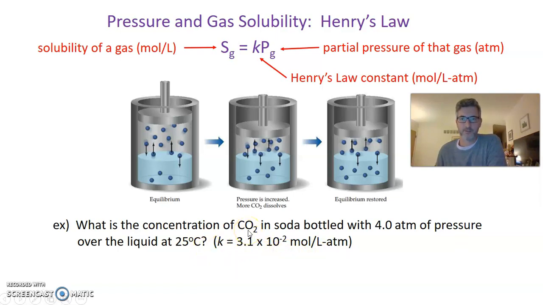It's specific to CO2 being the solute, and it's specific to water being the solvent. So go ahead and solve that one. We're looking for concentration, which in this case is another word for solubility, right? Because we measure solubility in moles per liter. So go ahead and solve that one real quickly.